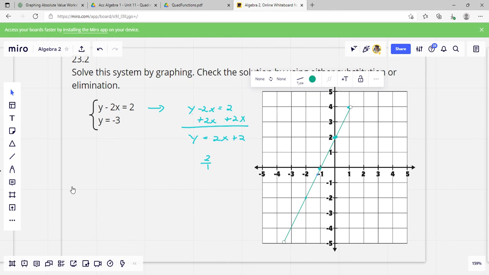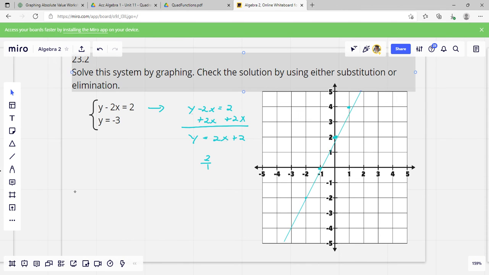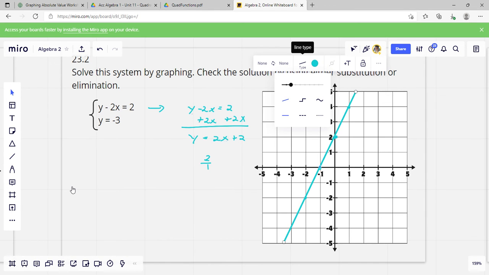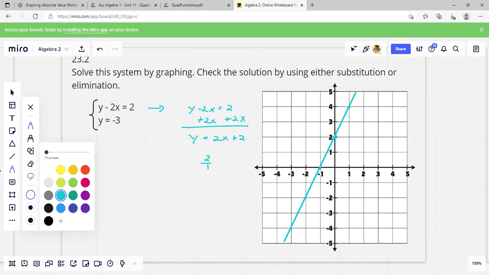Let me change that to blue. About there. Looks pretty good. Get a little bigger so we can see it. There we go. Okay, now we're going to do our other one.